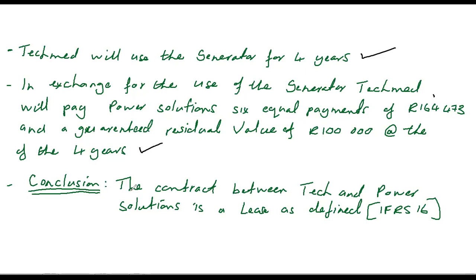Then you conclude the contract between these parties is a lease as defined. And you're done. So you see how I'm applying and putting out the asset, the names and the figures. So that is how you would have answered that 10-mark question.